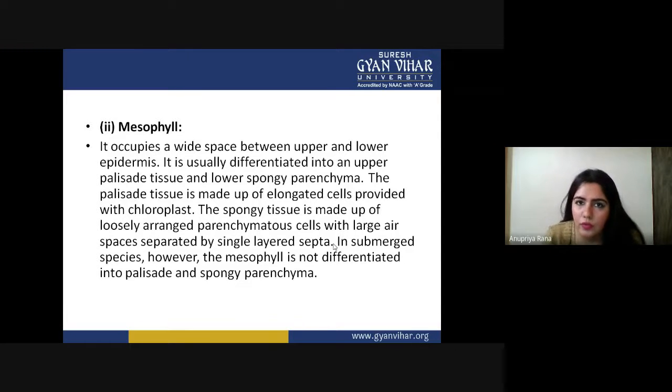In the lower portion, we will have the spongy tissue. Palisade and spongy tissue have a special function to play, that is photosynthesis, because they are the units containing chloroplasts inside them. Because of having so many chloroplasts, they perform the function of photosynthesis and making food material for the plant.